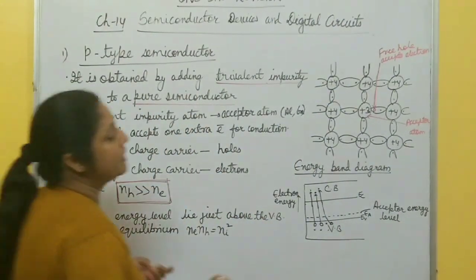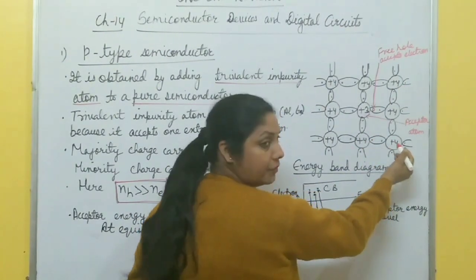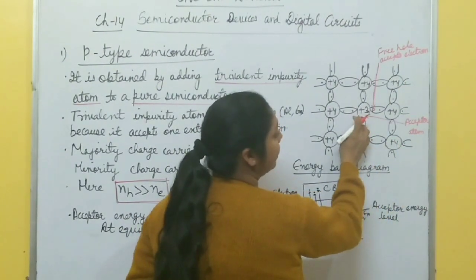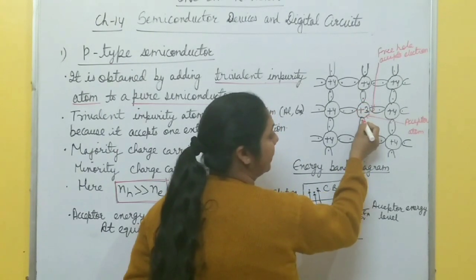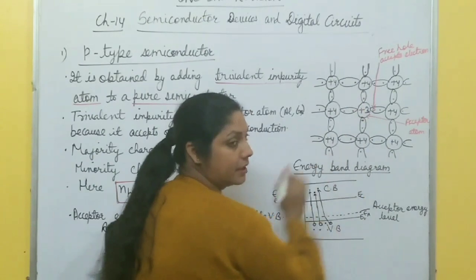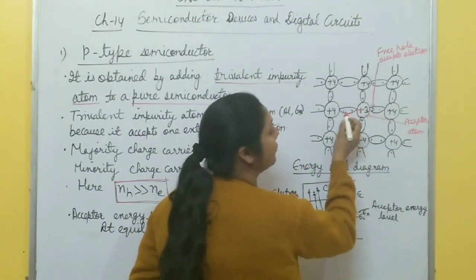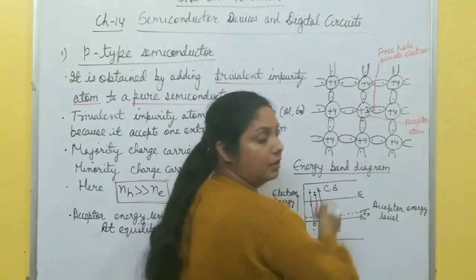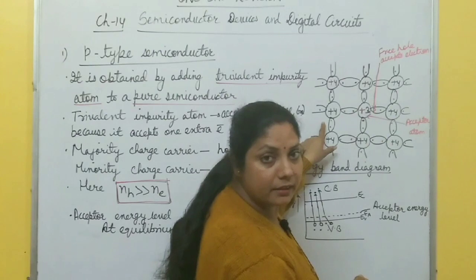Here what happens, suppose these are pure semiconductor atoms, with 4 valence electrons in the outermost shell, and one trivalent impurity atom which has 3 valence electrons in the outermost shell is added to this pure semiconductor. So here the 3 valence electrons form covalent bonds with 3 neighboring valence electrons of the pure semiconductor.